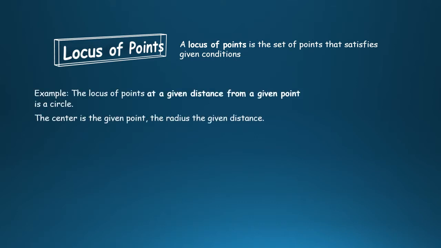An example: the locus of points at a given distance from a given point is a circle. Matter of fact, it's actually the definition of a circle is a point and a radius. So if we have a point, the locus of points that's a given distance from it will always be a circle around that, and that satisfies the locus of points.